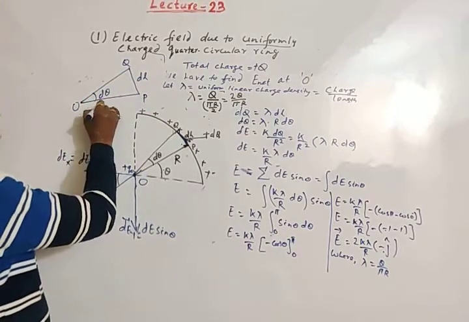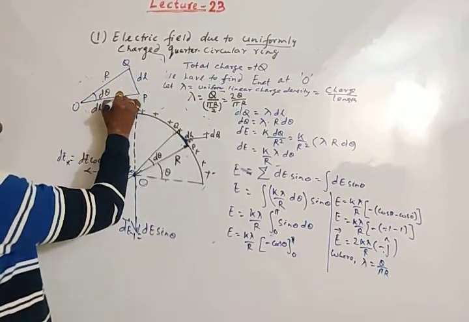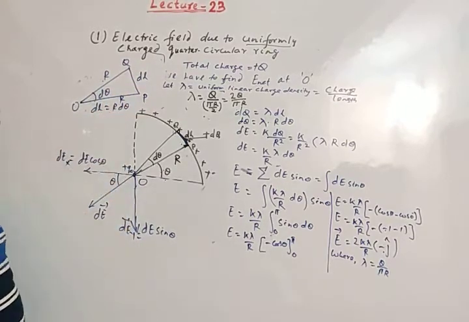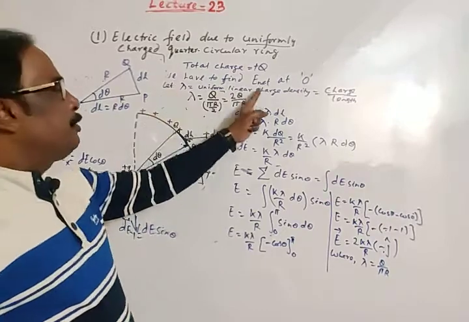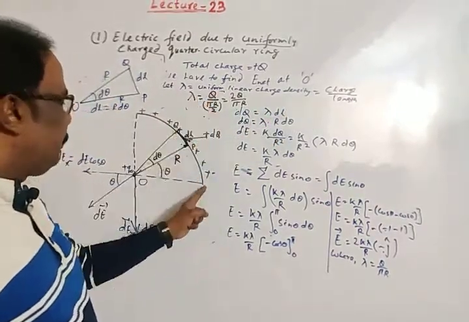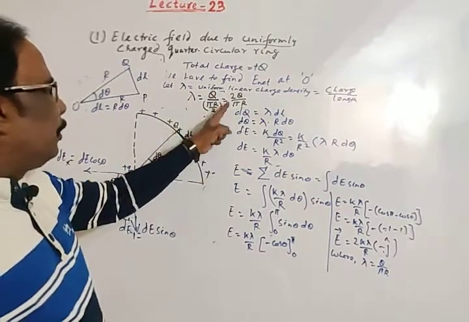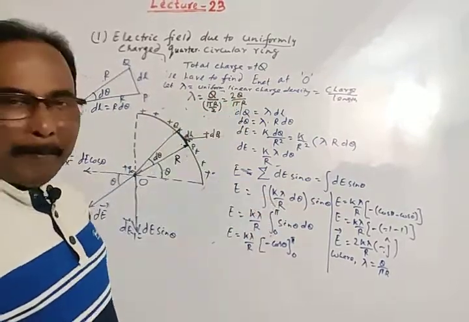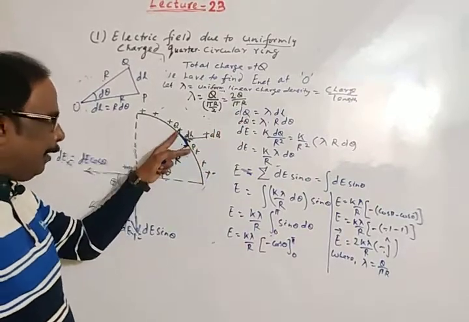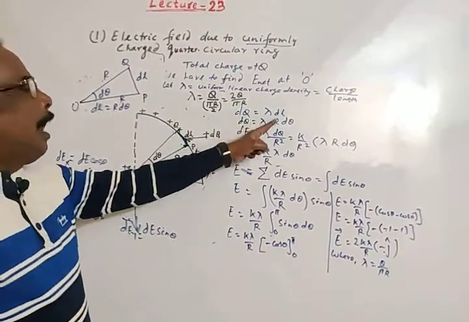Again dl is equal to r d theta, if this is the radius. Lambda is the uniform linear charge density: total charge q, total length pi r by 2, so lambda is 2q by pi r. Then dq is lambda into dl, and again dl is r d theta.